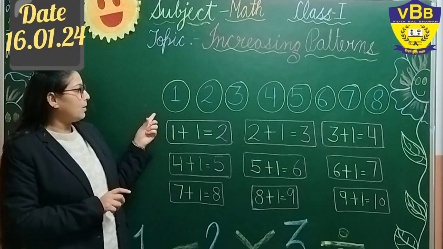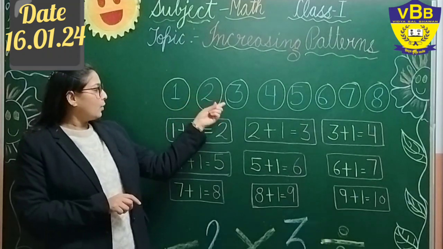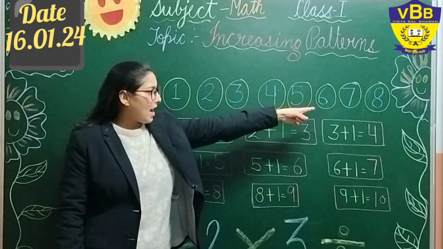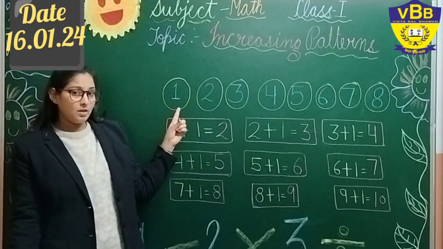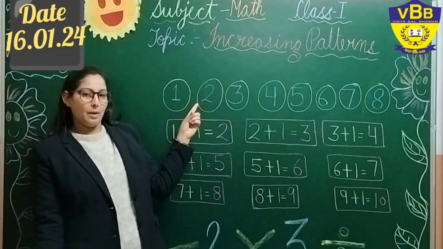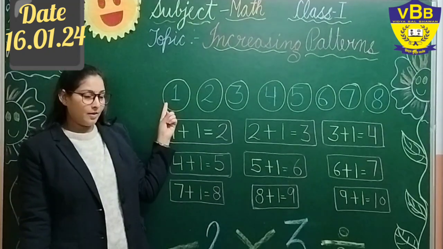Look at the numbers written on the board. 1, 2, 3, 4, 5, 6, 7, 8. Here you can see I have written the numbers in increasing order.